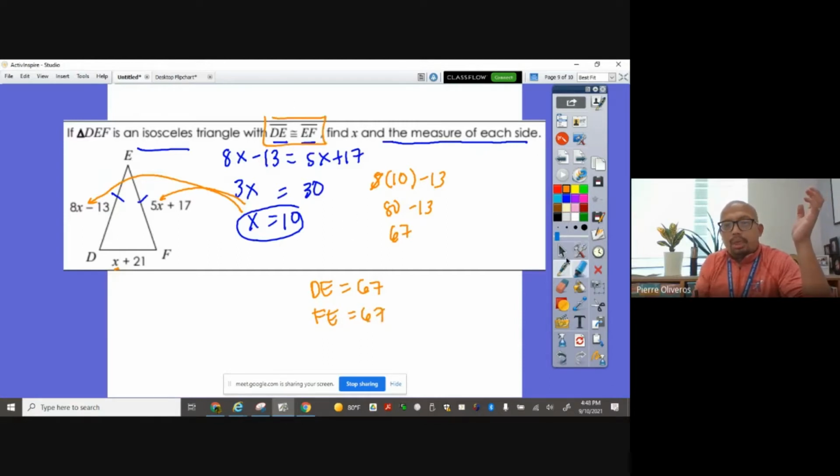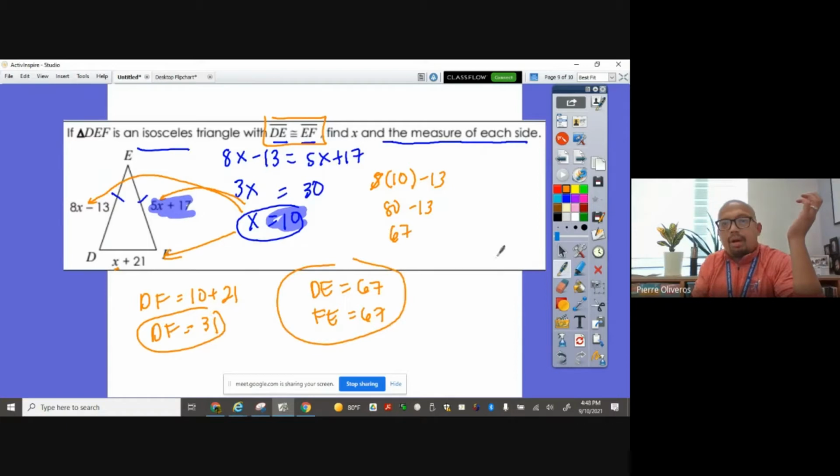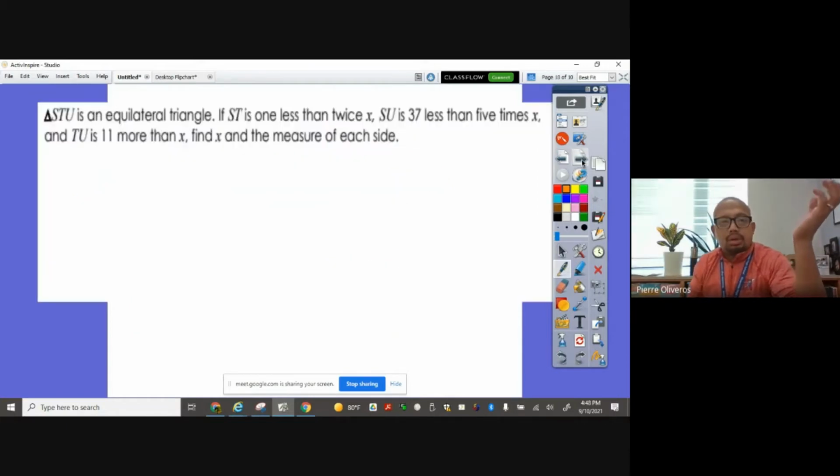If you don't believe me, try to plug in the 10 to the 5x plus 17. It should give you the proof that they are equal. And DF, plug in the 10 there. So DF here is 10 plus 21, or DF is equal to 31. And there you have it. We found all the measurements of this triangle.